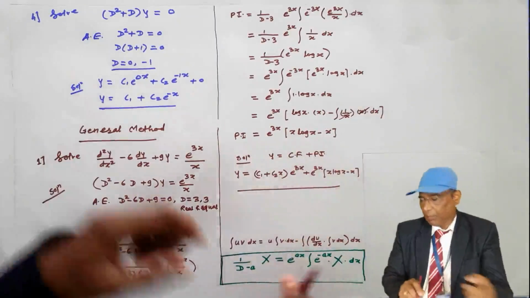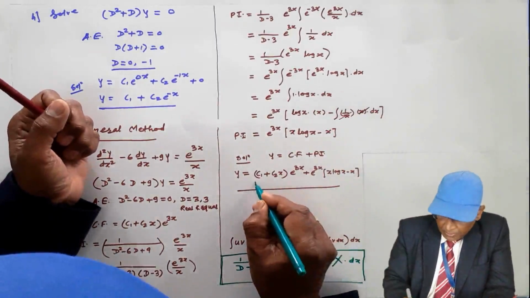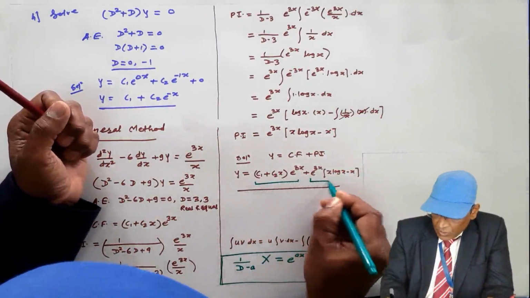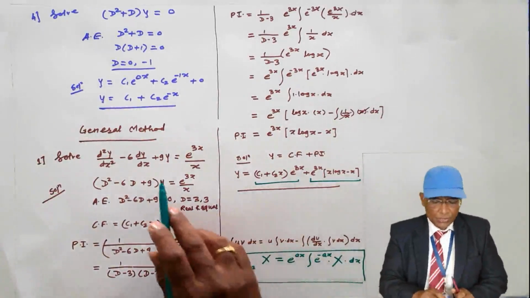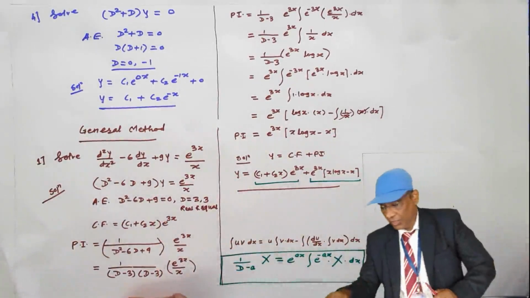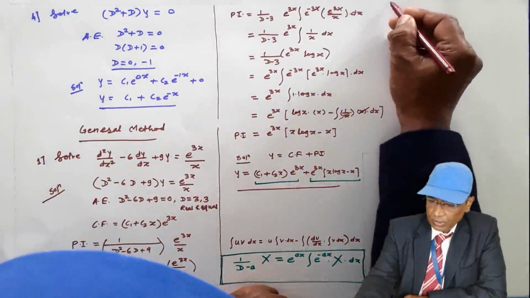Okay, this is the complete solution of the differential equation. Here this is the complementary function and this one is the particular integral. This is the value of y. It means we have solved the differential equation.